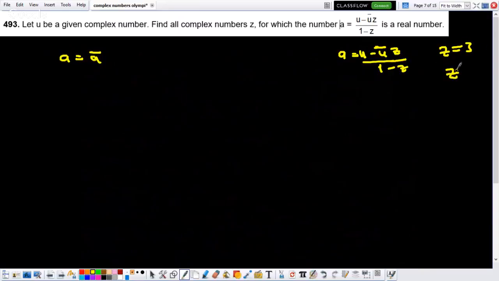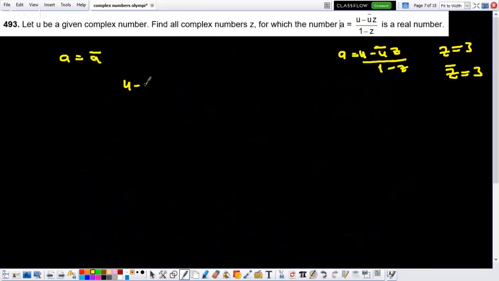What is the z conjugate? Again, it's 3, because there is no imaginary part. If it is 3 plus 4i, you will say that z conjugate is 3 minus 4i. But if it is only a real number, the conjugate of it, again, should be itself. So we are going to start with that one.